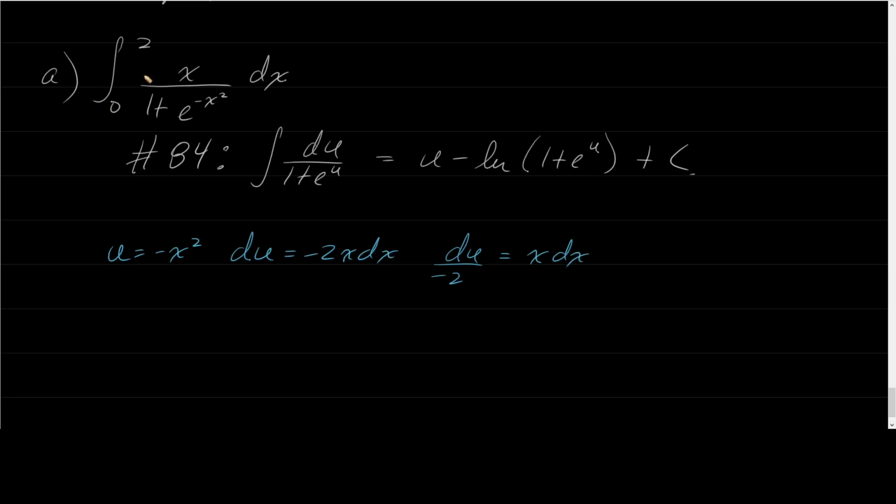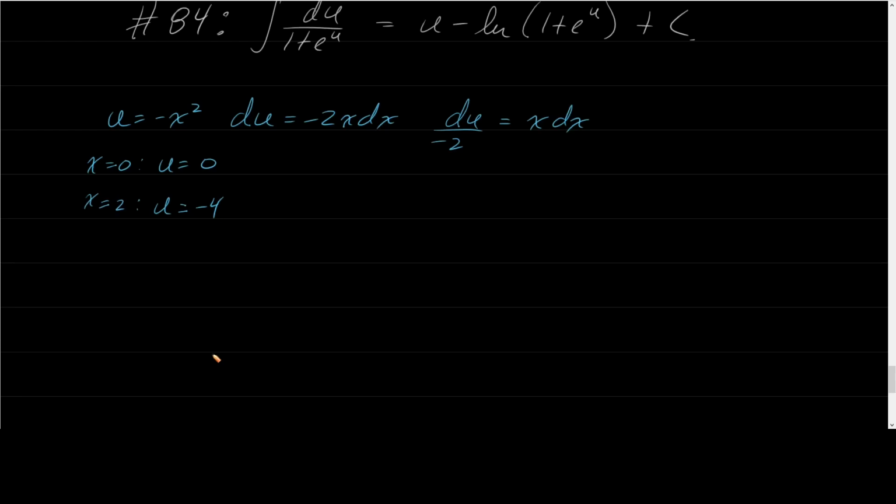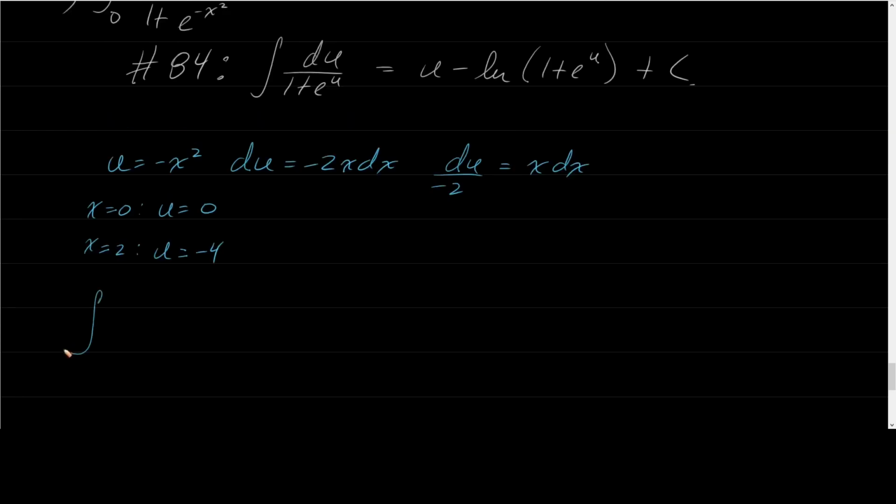The next thing is I need to change the bounds, right? When x is equal to 0, then u is also equal to 0. When x is equal to 2, then u would be 2 squared is 4 with a negative, is negative 4.